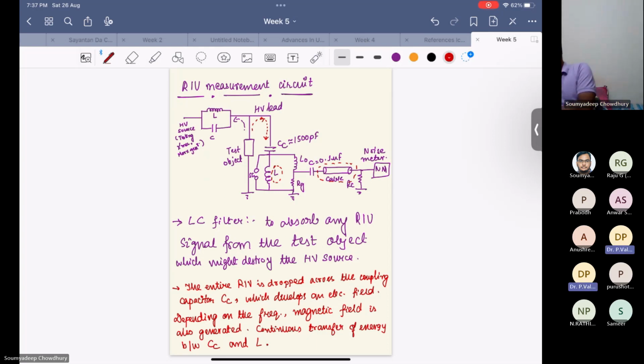Yeah, one question. Can you give an example of a test object? It can be any kind of RIV generating object.